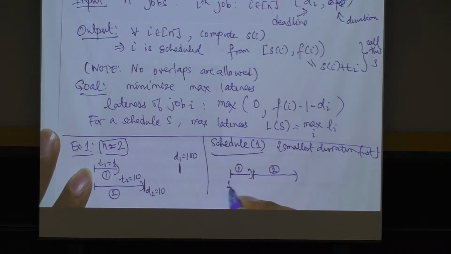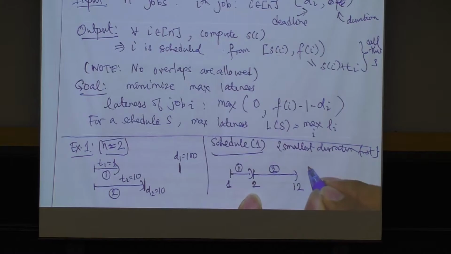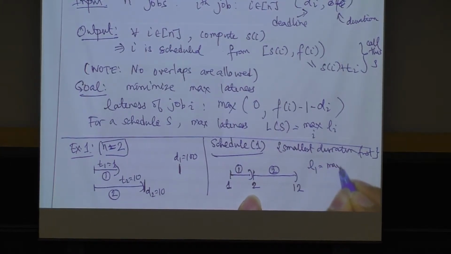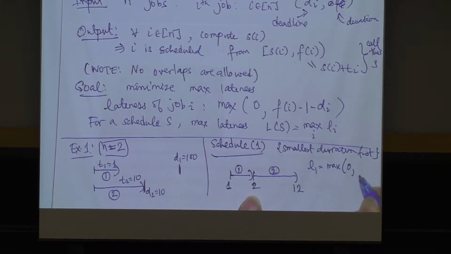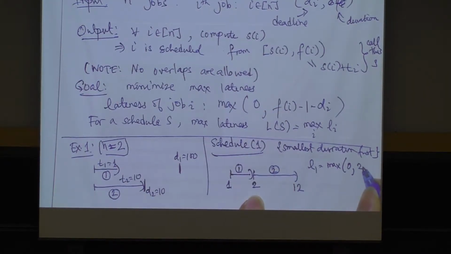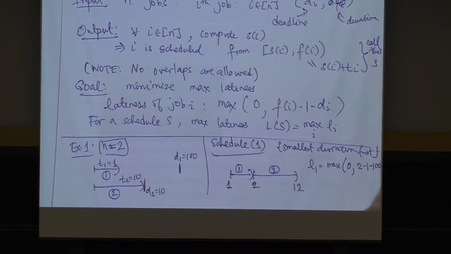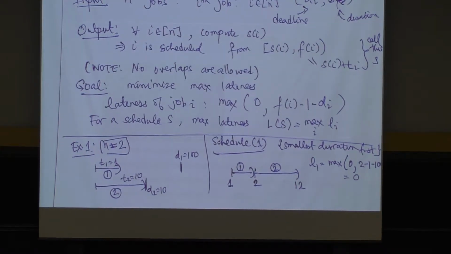So you start on 1, you finish just before 2, and then you get 12 over here, because it's 1 plus 1 and 2 plus 10. Now if we look at the lateness of the first guy, it's max of 0 and the finish time, which is 2 minus 1 minus deadline 100, which is just 0 in this case.